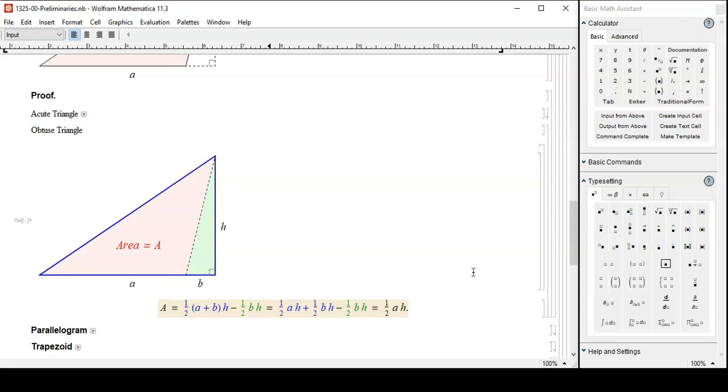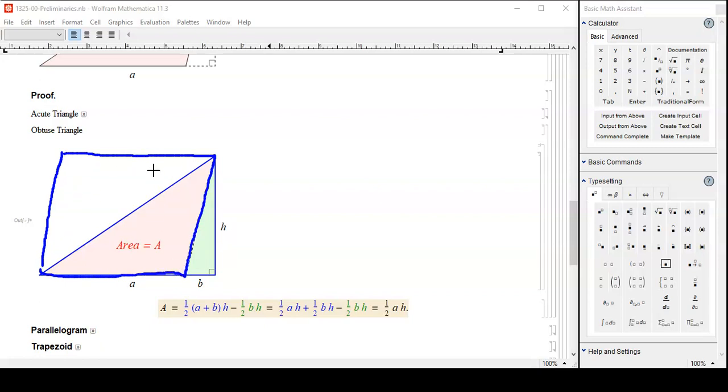Another way to do something similar is to form a parallelogram and work it out. So doing something like this. Do not consider this green part.